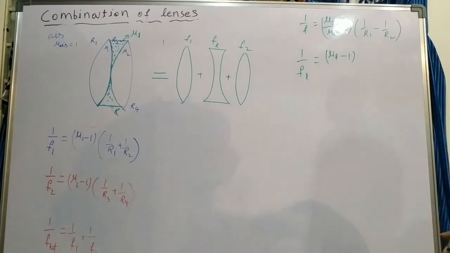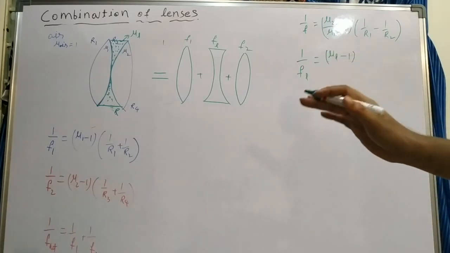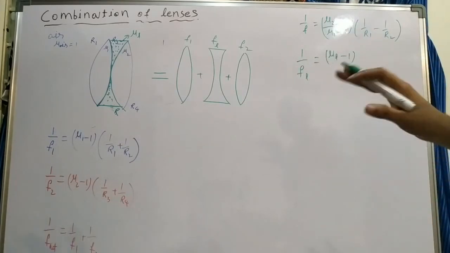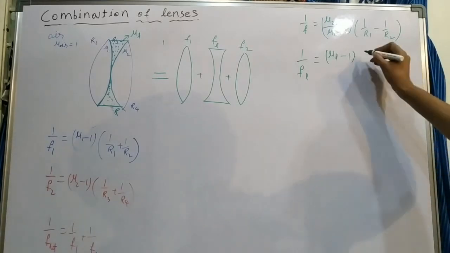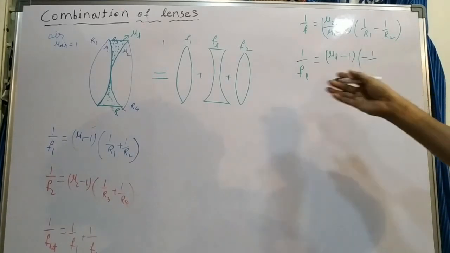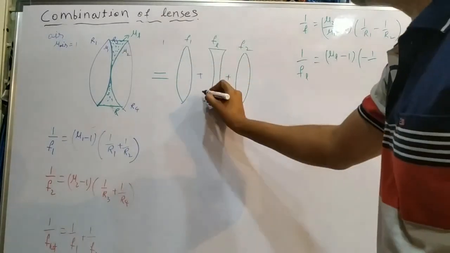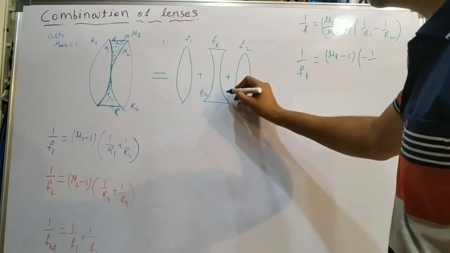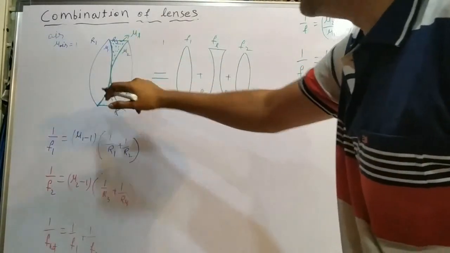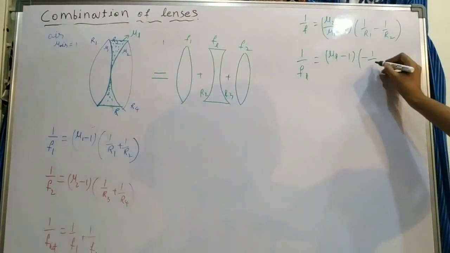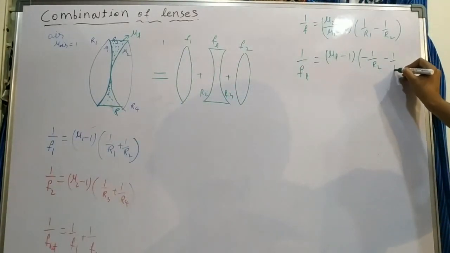After combination, don't take mu1 and mu2 here; it is in air only. Then after combination we can write the total value: minus 1 by that side radius of curvature. This curvature is R2 and this curvature is R3 for this liquid lens. So you can write minus 1 by R2 minus 1 by R3.